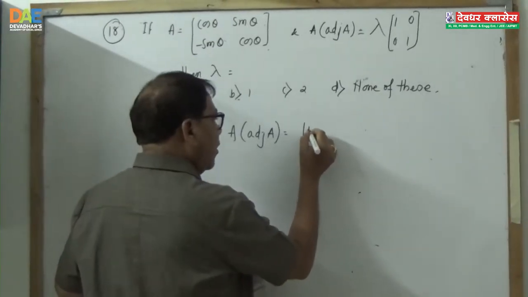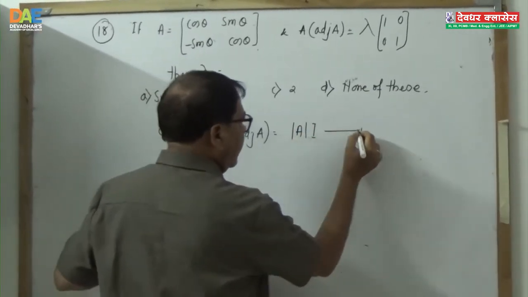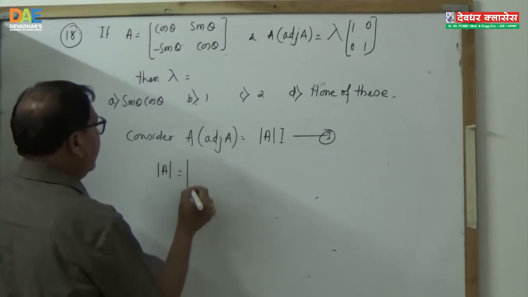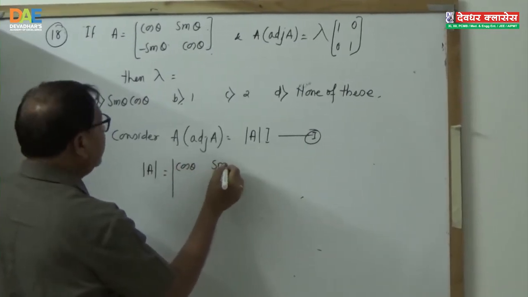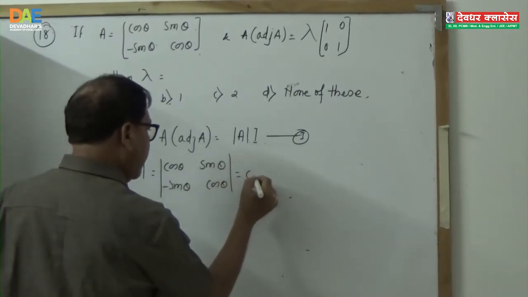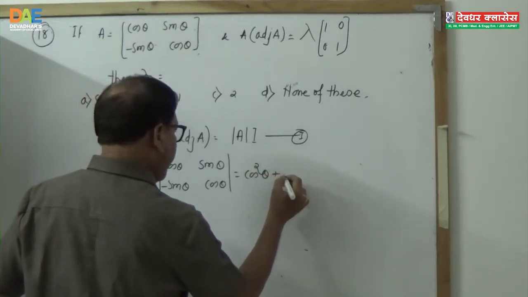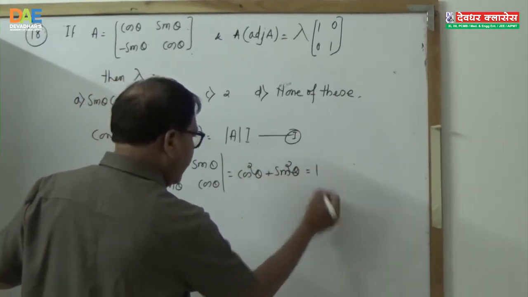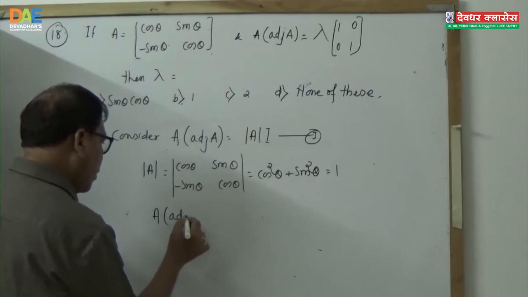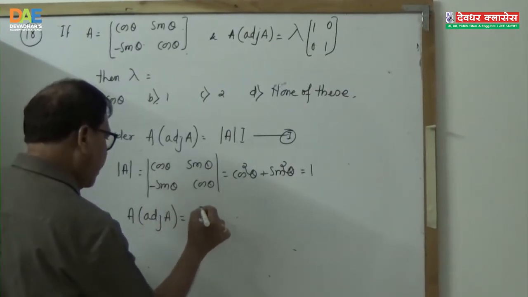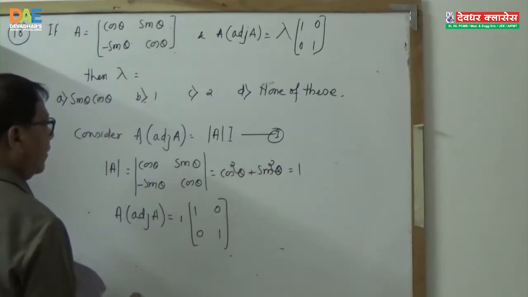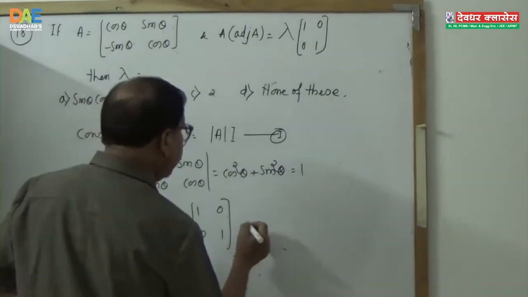That is equal to mod A into I. Find out mod A, the determinant of the given matrix A, that is cos squared theta minus of minus, plus sin squared theta, which is equal to 1, and therefore A into adjoint A is equal to 1 into I, that means 1, 0, 0, 1.